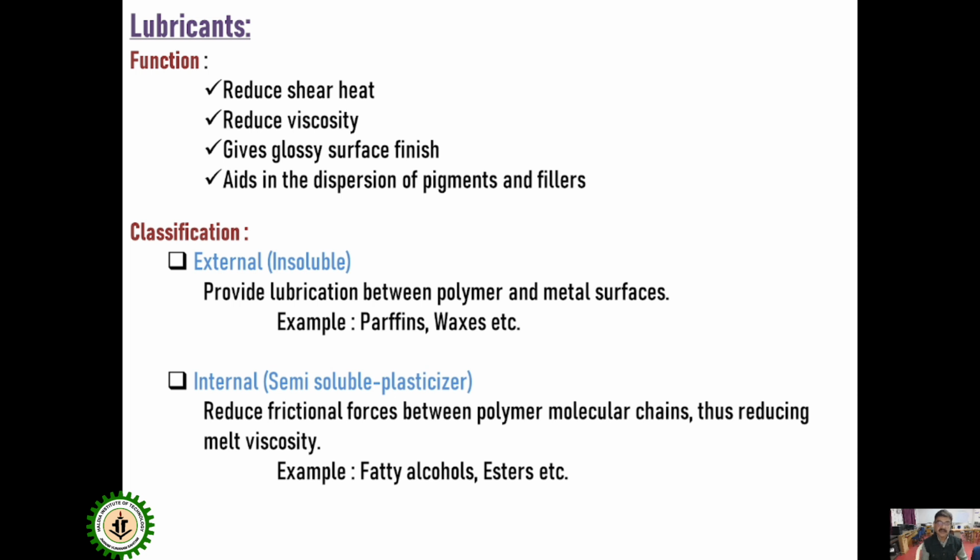Melt viscosity is one of the primary parameters for any polymeric product. So the melt viscosity is further reduced by incorporating lubricants like fatty alcohols and esters. It works internally, reducing the frictional forces between polymeric molecules.